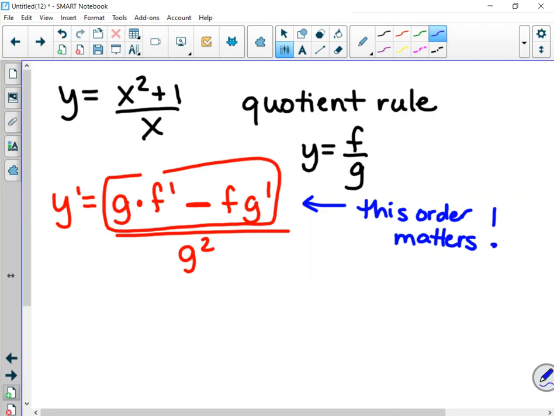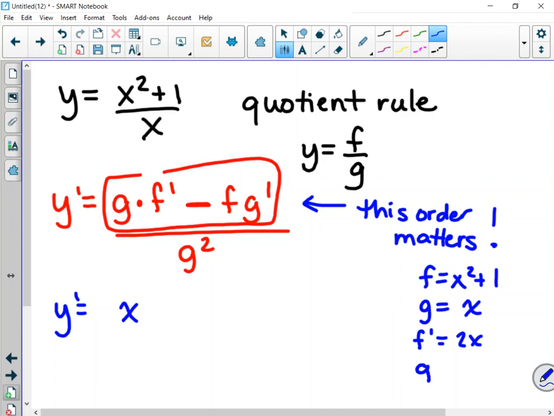All right, so here we go. Remember, f was x squared plus 1. g this time is x. Notice I don't have to go to negative exponents. It's just the function that's sitting in the denominator. I don't have to rewrite anything. So f prime is 2x. g prime is 1.